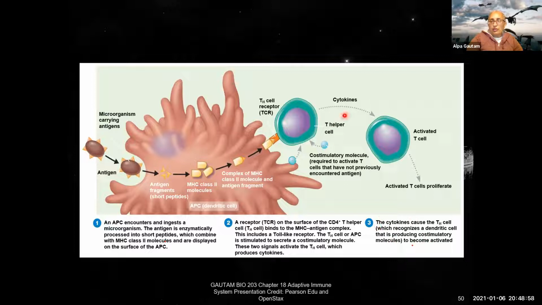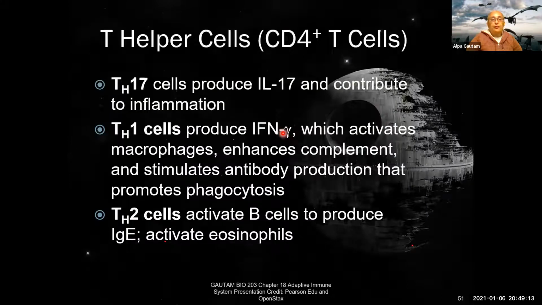These cytokines cause a T4 cell to go through division, which is proliferation. So proliferation and differentiation. This T4 cell can differentiate into different T4 cells.